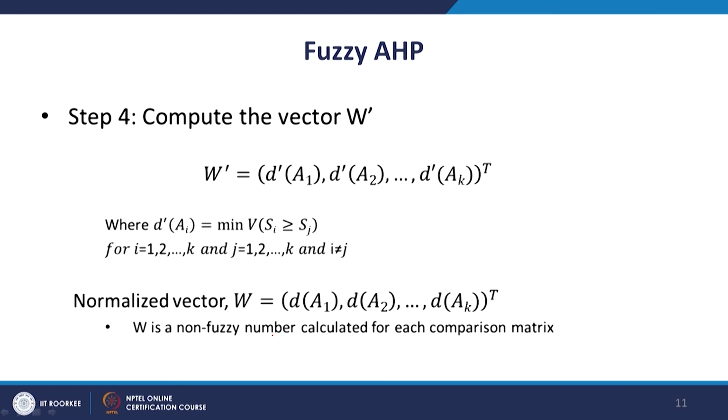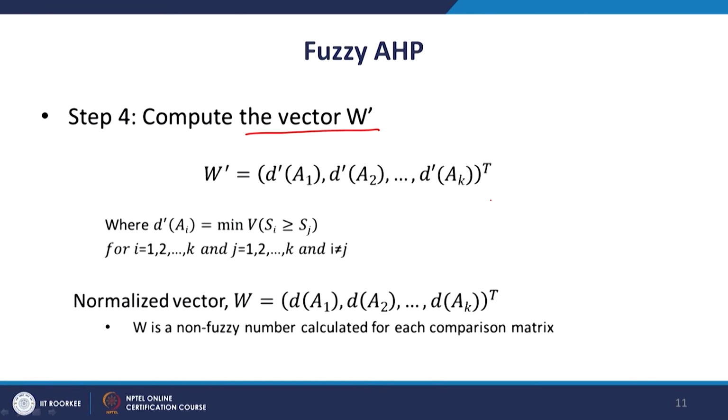Having understood the mathematics that would be required in extent fuzzy AHP, now let us understand the last part, which is to compute the weight vector. We talked about different comparison matrices, and later on the weights are to be computed.